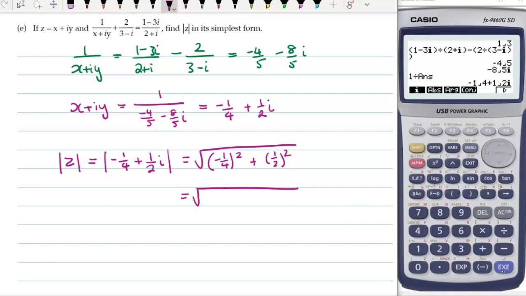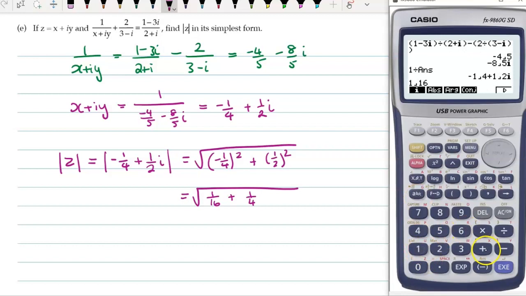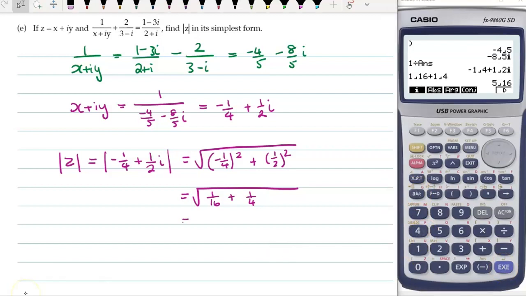So 1/4 squared is 1/16. 1/2 squared is 1/4. So 1/16 plus 1/4 is 5 over 16. The 16 we can take out and square root it, so this is root 5 over 4.